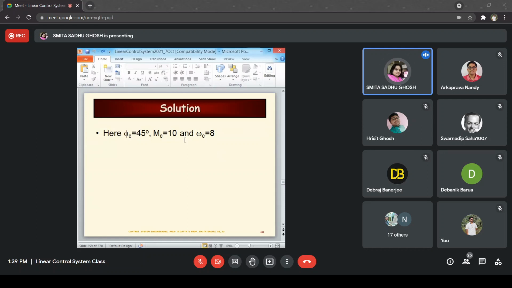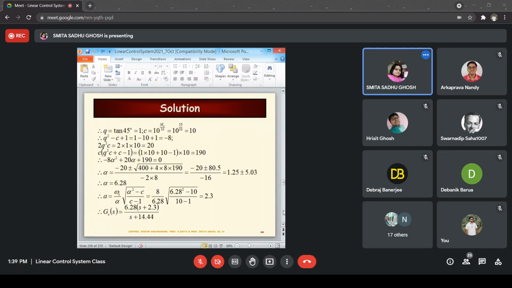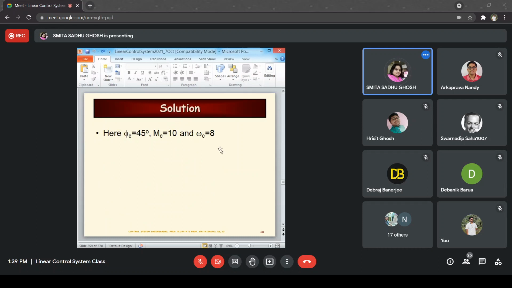MC is specified as 10 decibels for us, so 10 by 10 will be 1. So C is equal to 10 to the power of 1, which means your C value is equal to 10.